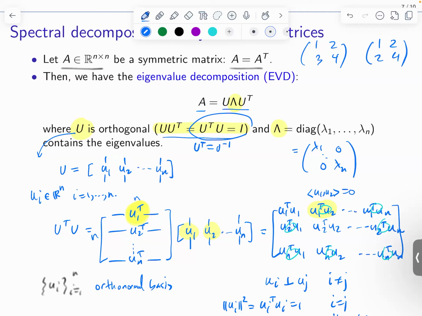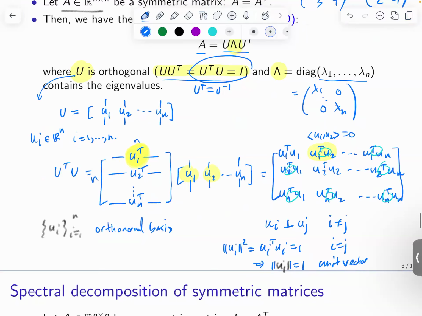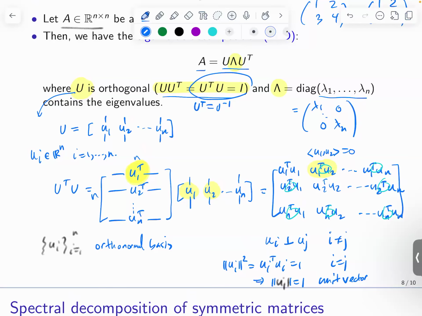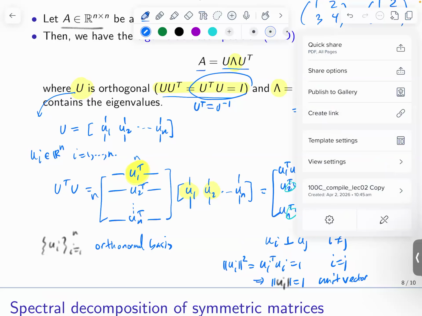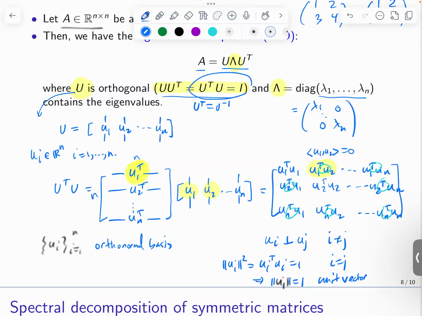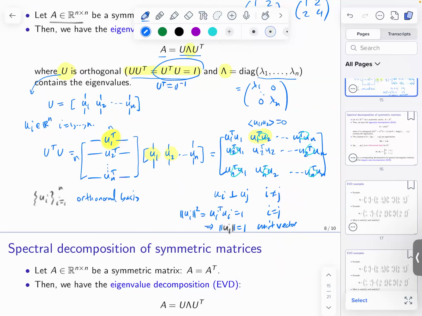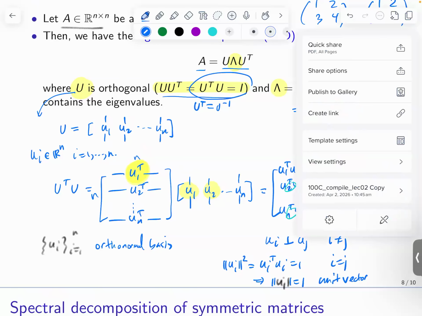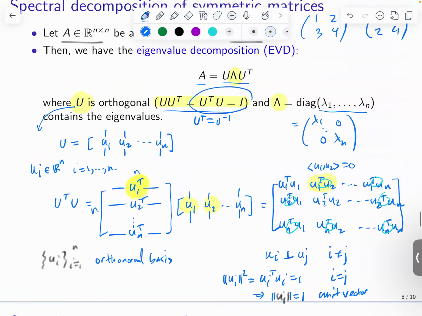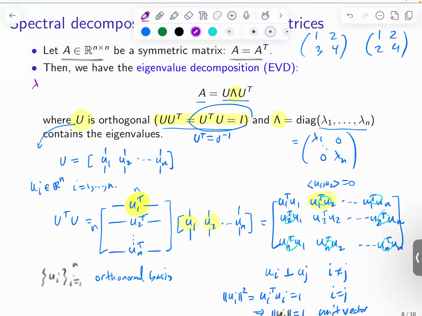So these u_i's are paired with lambda_i. So lambda_i's are the diagonal elements of lambda. So lambda_i and u_i, each one is an eigenpair.